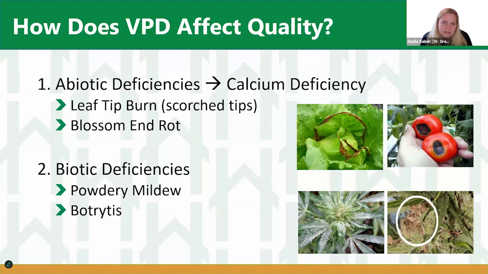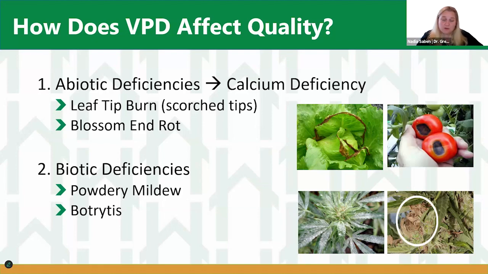And the reason why calcium becomes deficient in these crops through VPD is because calcium is different than other macro or micronutrients. It does not move through the plant through diffusion, right? Through the difference between a high concentration and a low concentration of that mineral.